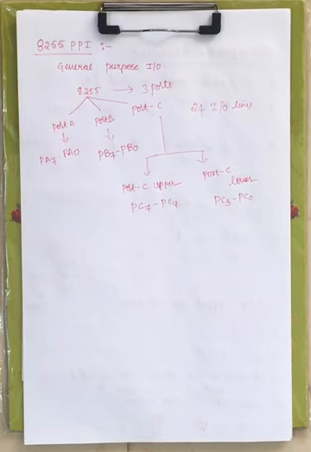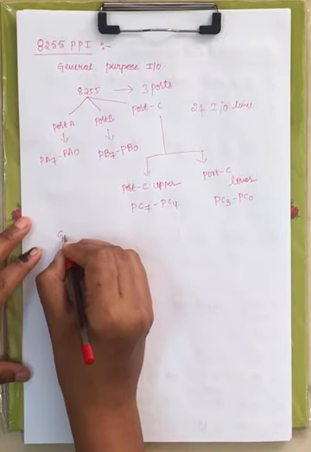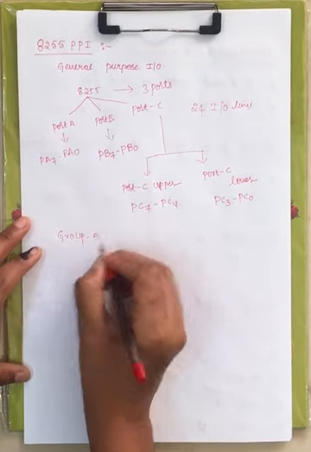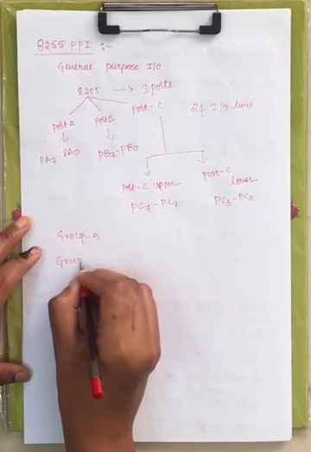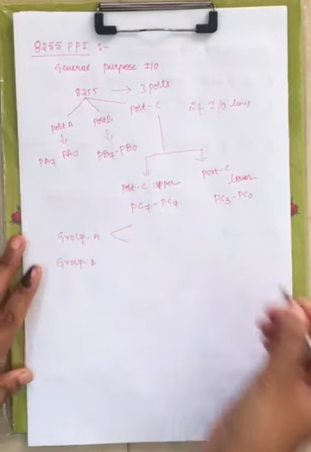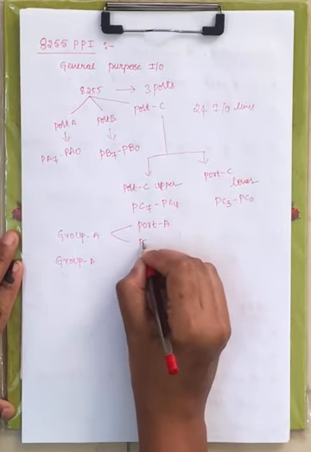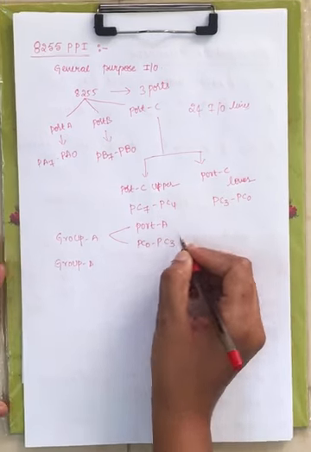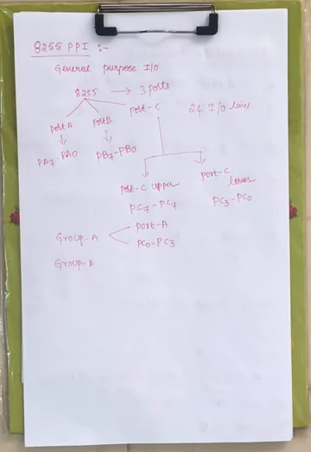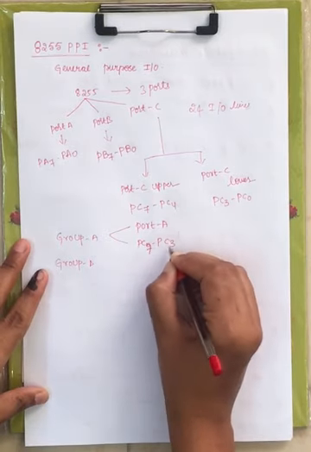These 3 I/O ports are categorized into 2 groups: group A and group B. Group A contains port A along with port C upper, that is PC7 to PC4.